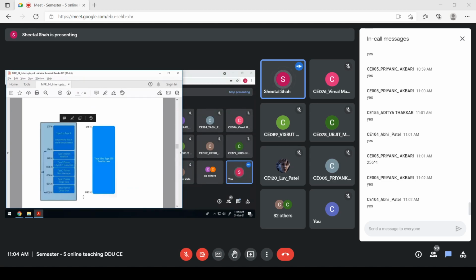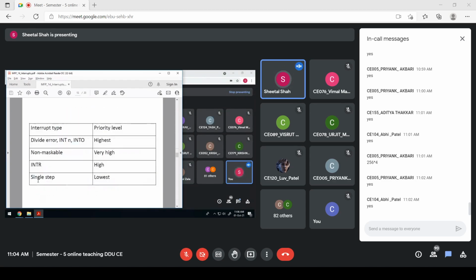Single step is type 1, so that has the lowest priority. So this is the hierarchy of priority levels, ranging from the divide error or INT 0, etc. They have the highest priority. Then comes the non-maskable interrupt.